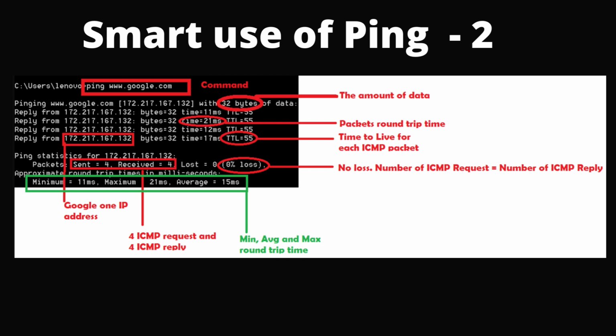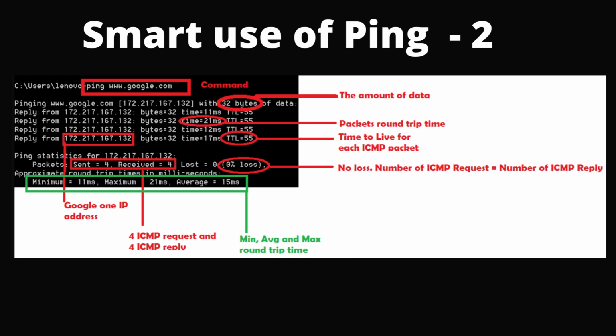It means every L3 device in the return traffic decrements the TTL value by 1. Like here google.com, which has a TTL value of 64, and when you are pinging, in the return path it decrements 1 at each L3 device, like a router, a firewall, or anything which is an L3 device.